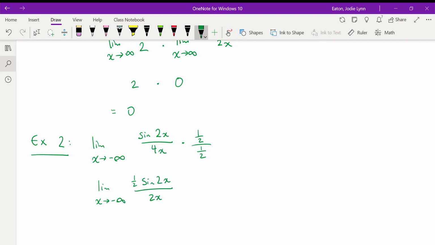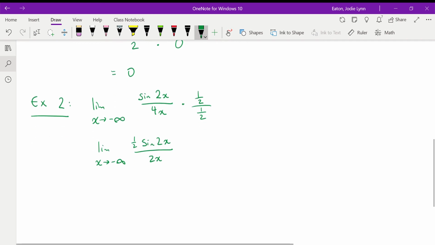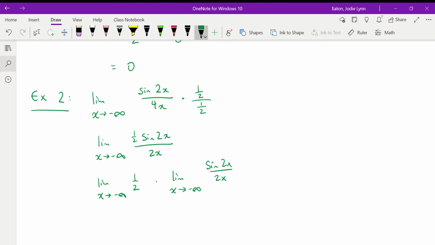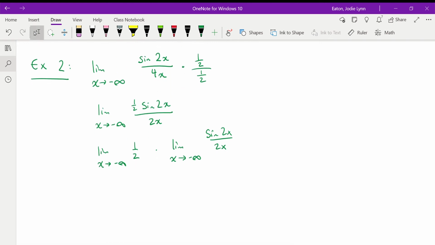So this is the limit as x approaches minus infinity of 1/2 times the limit as x approaches minus infinity of sine 2x over 2x. And we could have just also pulled out 1/2 as a constant multiplier. That would have been fine as well. So this is equal to 1/2 times 0, which is just equal to 0 again.